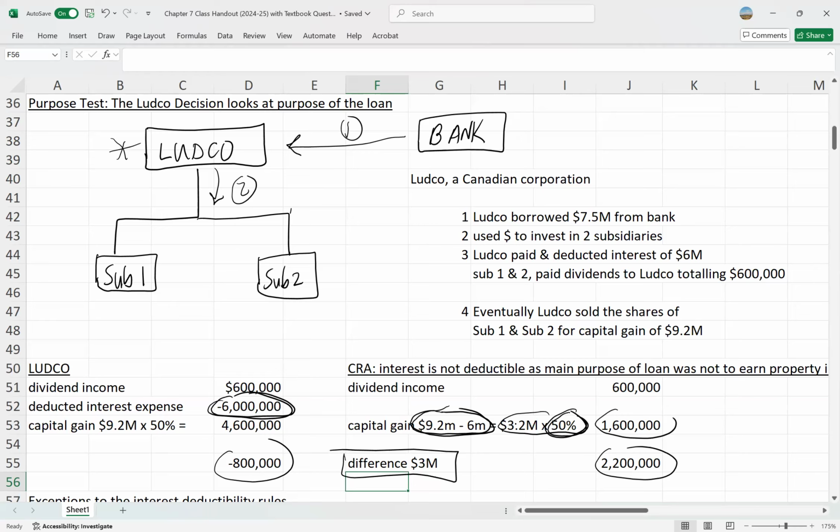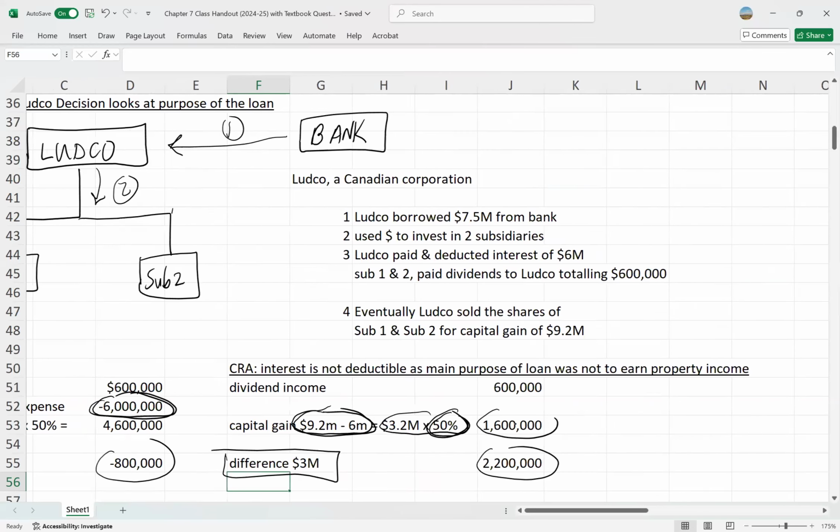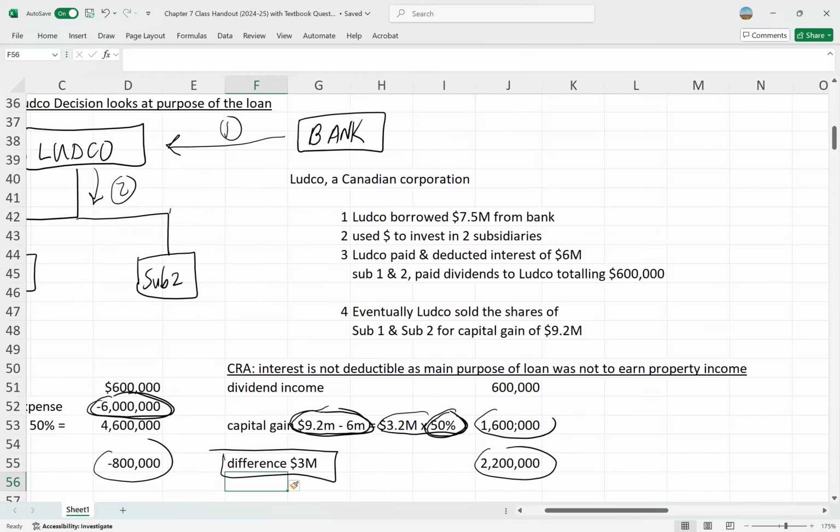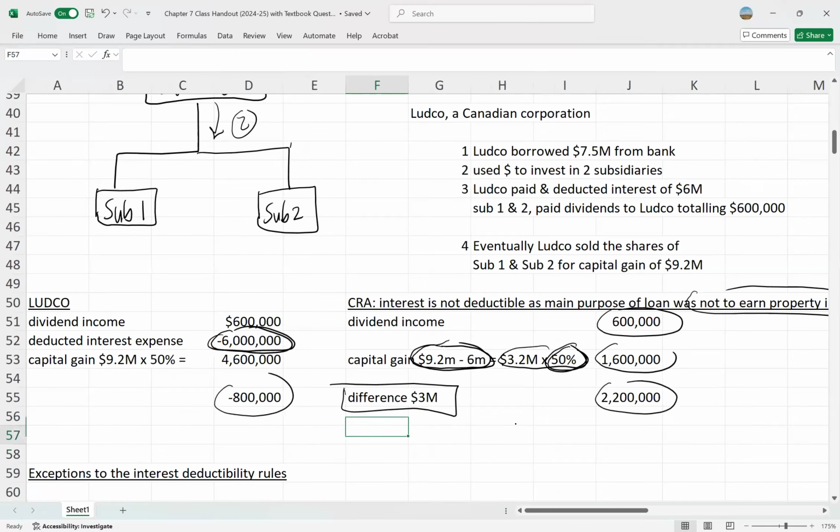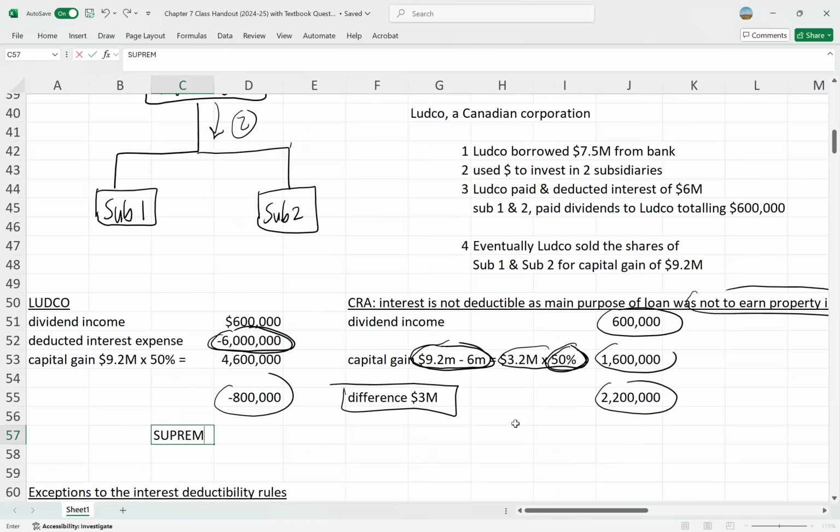And so again, this court case went all the way to the Supreme Court. And the CRA's argument was that the main purpose of the loan was not to earn property income, because the property income that was earned was such a small amount compared to the huge interest expense of $6 million.